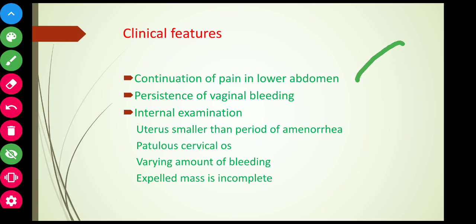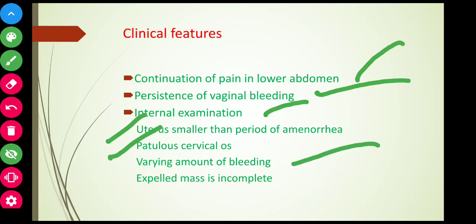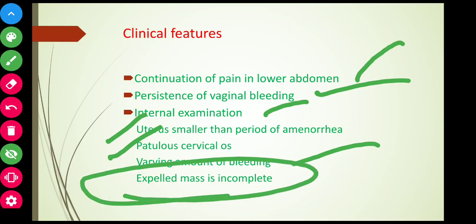There is continuation of pain in the lower abdomen because some tissues are inside, persistence of vaginal bleeding, and internal examination reveals uterus smaller than the period of amenorrhea, as I said before, and a patulous cervical os. That means widening of the cervix can be seen, admitting the tip of the finger. Next, varying amounts of bleeding and also an expelled mass.